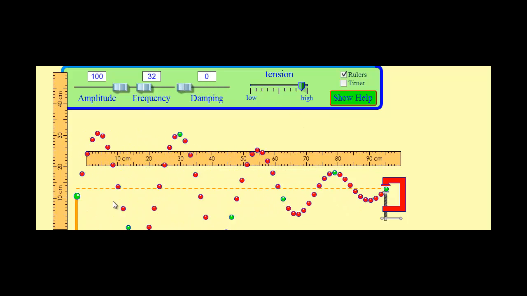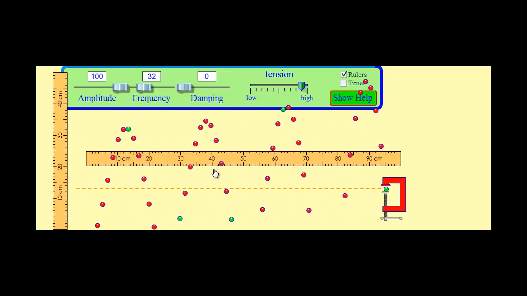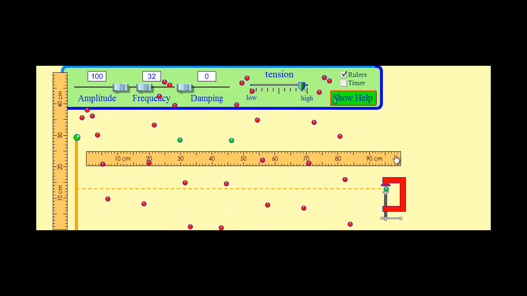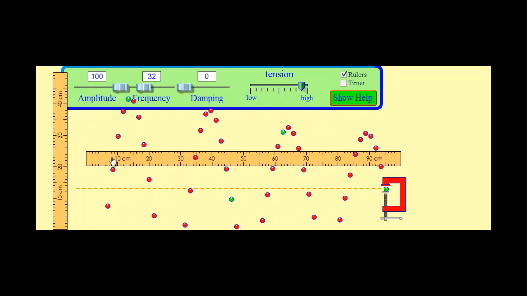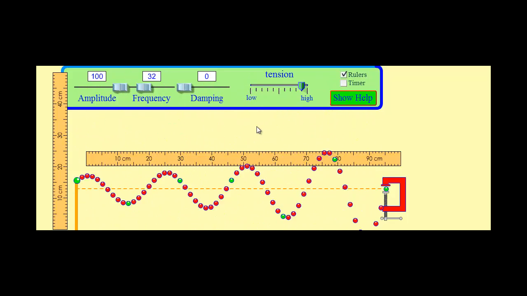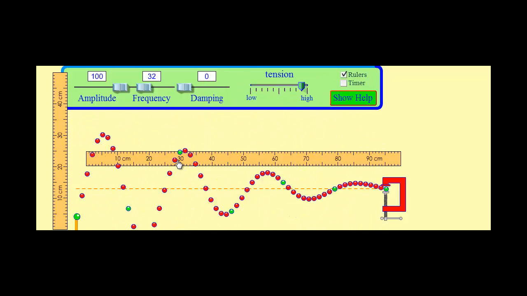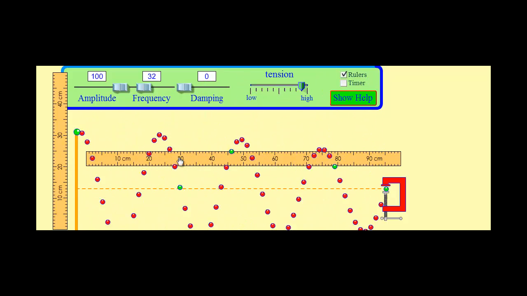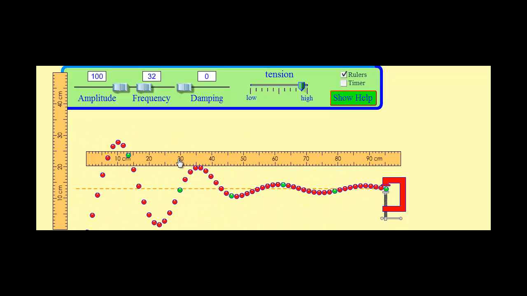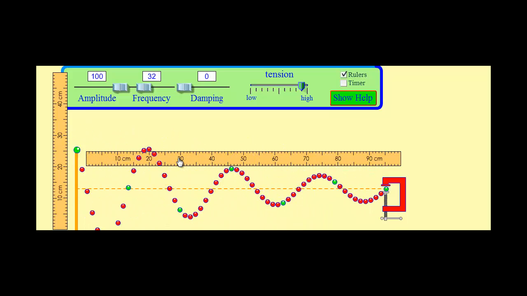Let us ignore damping. Now the amplitude is the same throughout. See, there is no damping. The particles are moving up, they are moving down in either direction. So I hope you now understand what amplitude is.